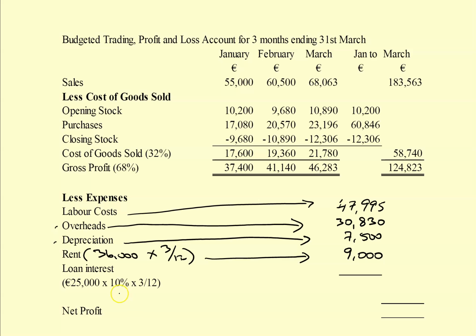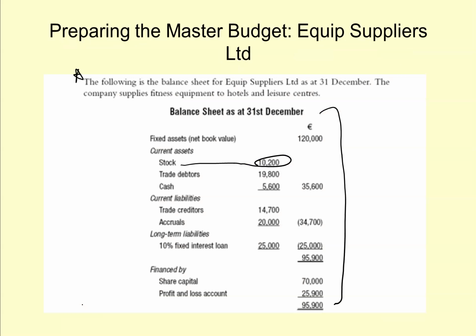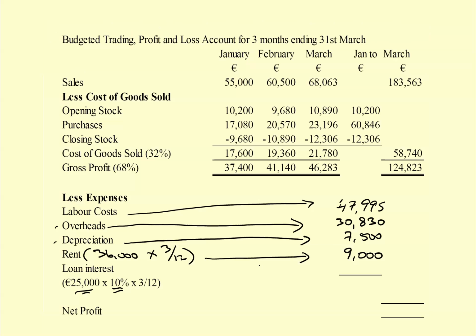Now likewise with the loan, interest is 10% on the loan, 25,000. How do I know that? Well, that's in the opening balance sheet. You can see here we have a 10% fixed interest loan, 25,000. But it's only for 3 months, so I get 3/12 of it, and that is 625.